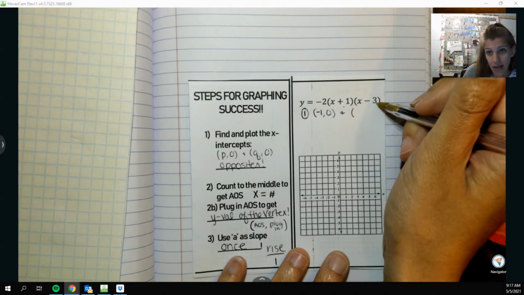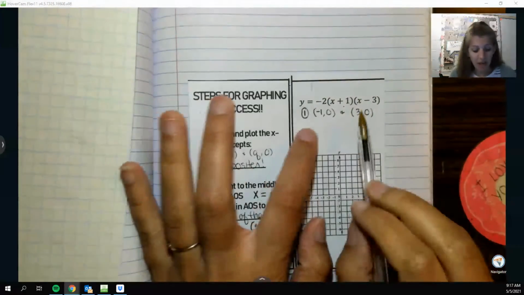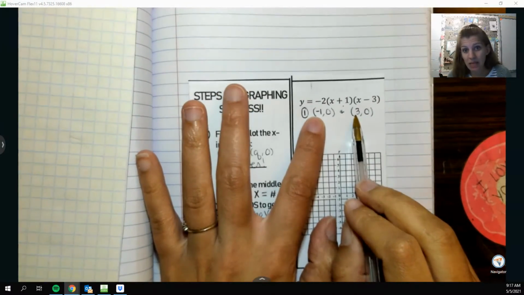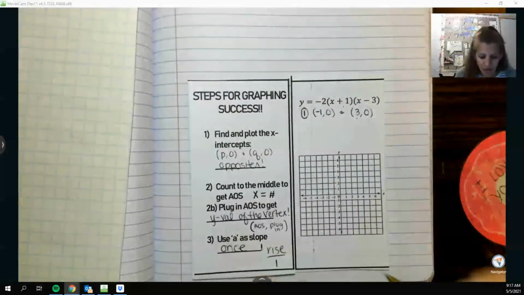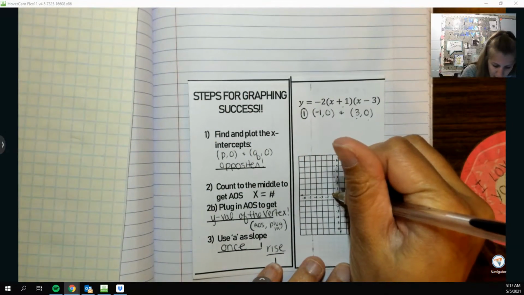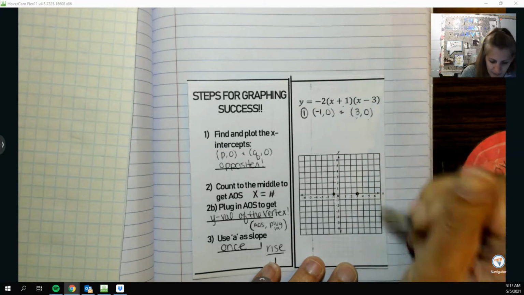And then the second one will be at 3, 0. Because they're x-intercepts, they go in the x position, and then y is just always 0. Okay, so if I go to plot those, I'd plot -1, 0 and 3, 0.